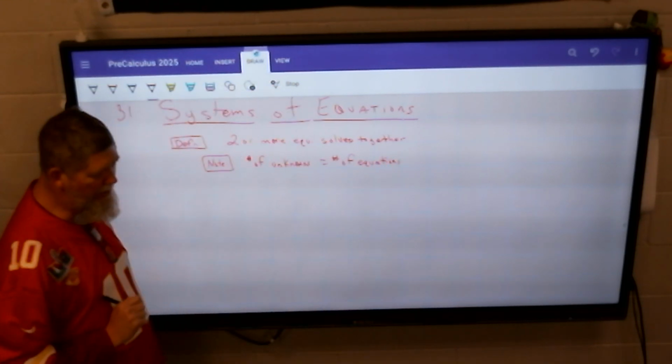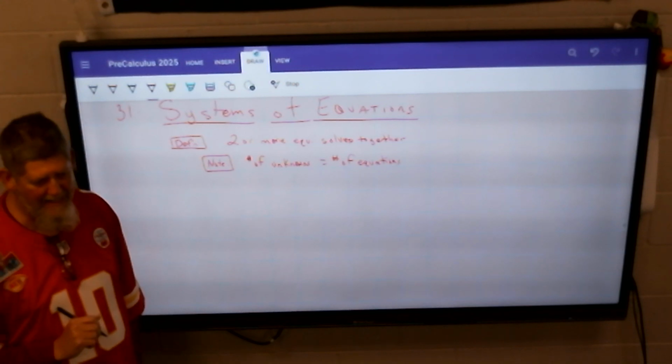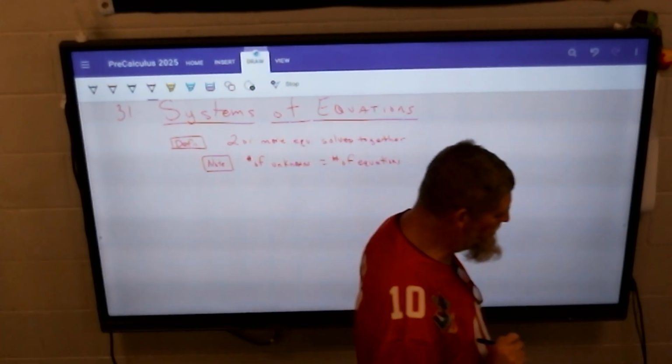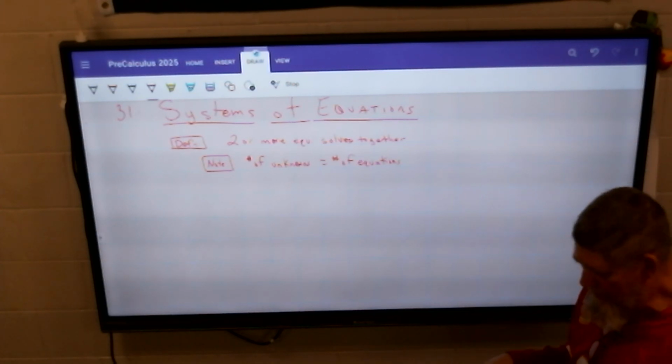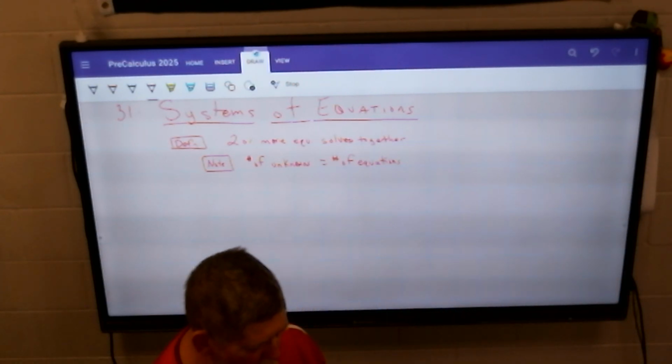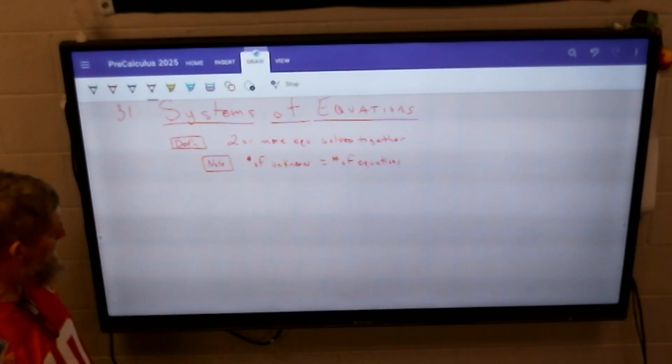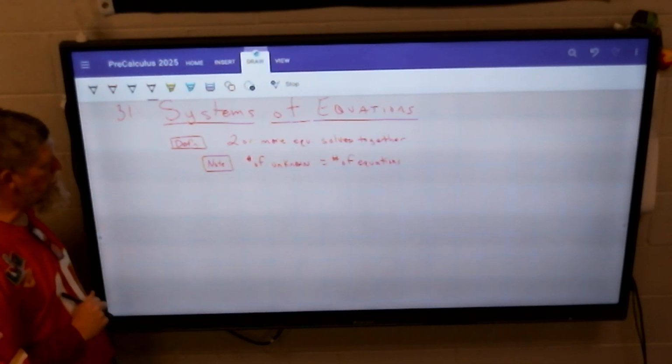So when I went to linear algebra class and I went to a problem, the problem had 10 variables, had 10 unknowns. In order to get a unique solution, how many equations do I have to have? 10. I had to have 10. We're not going to get anything that big, but we're going to talk about 2 and 3 in this section, and then when we get to matrices, we may go up to as many as 5. Matrices is a little bit easier to solve. The number of equations is equal to the number of unknowns.